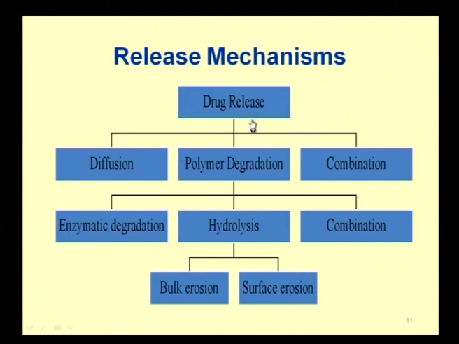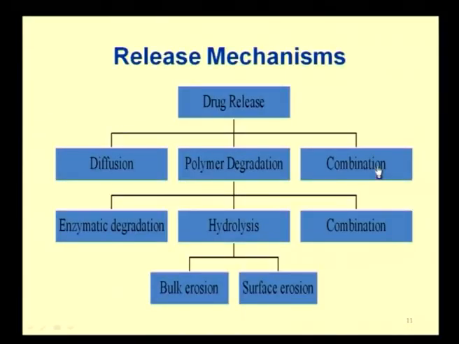Drug release can happen by these three means. One is by a simple diffusion method. Due to the difference in the concentration of the drug in a particular area, it diffuses out. The second release could be due to the degradation of the polymer. This polymer is nothing but the carrier for the drug, which carries the drug and releases it at a site.